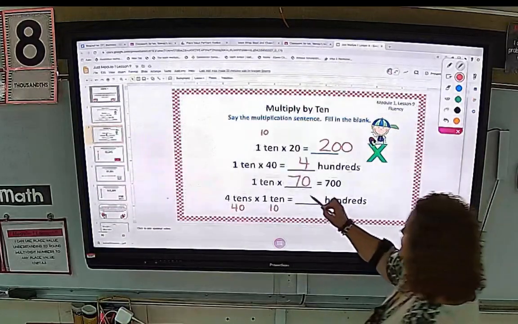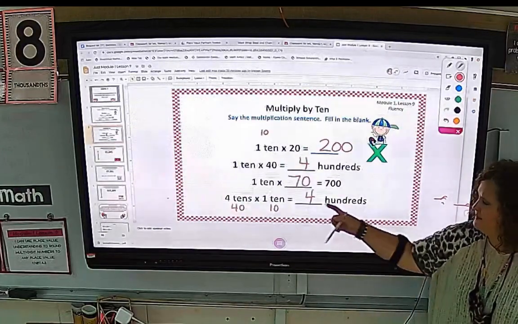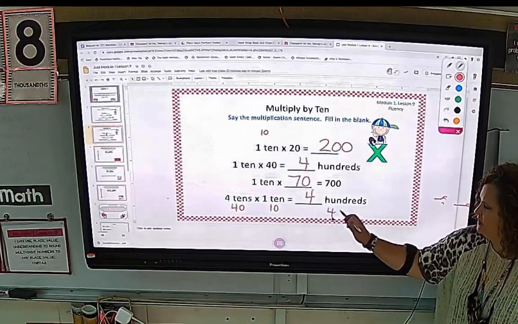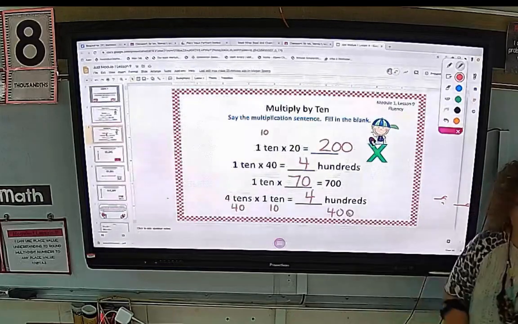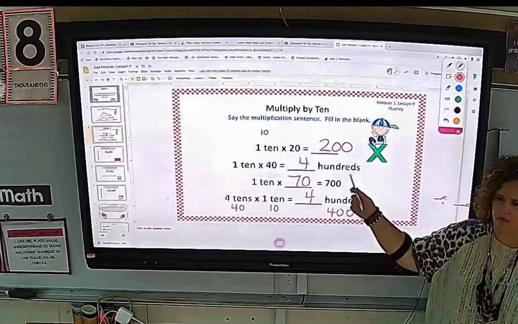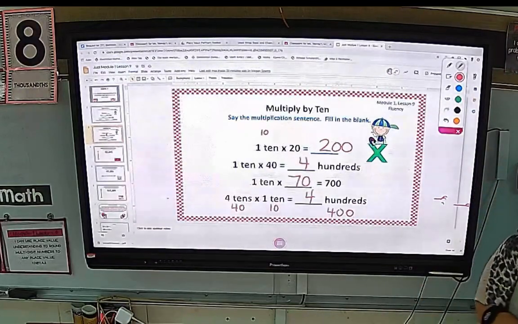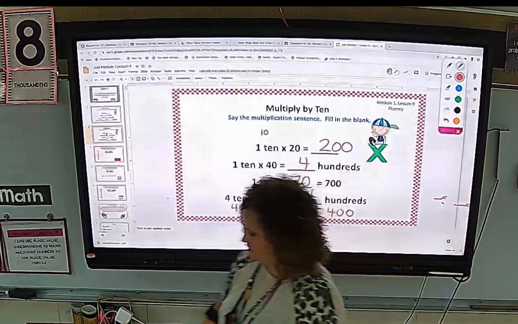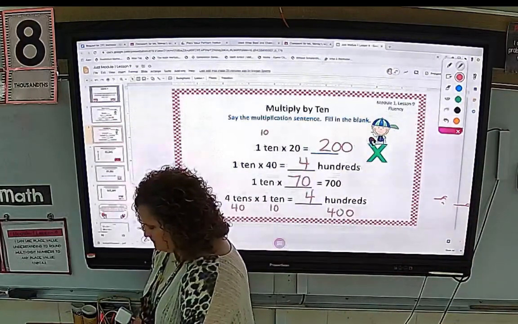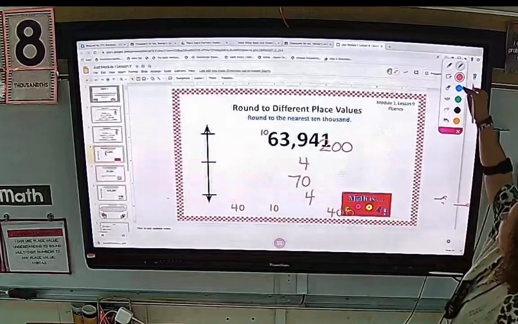Okay, 400s. So 400s could be written like this, but it could also be written like that. So seeing these unit words, it's just another way to write the same thing we see more often, the digits. Okay. Everybody, look.